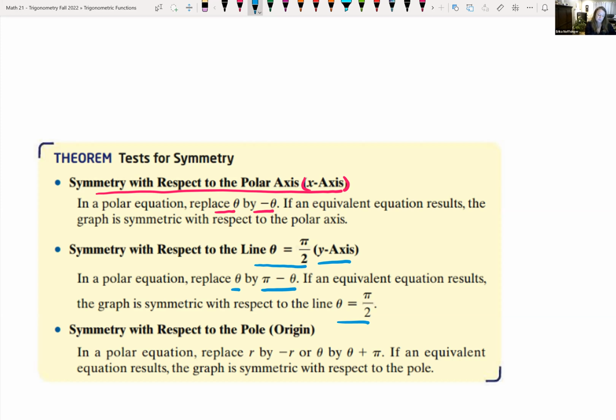And to test for symmetry across the pole, which is like the origin for rectangular coordinates, in a polar equation, replace r by negative r or theta by theta plus pi. If an equivalent equation results, the graph is symmetric with respect to the pole.